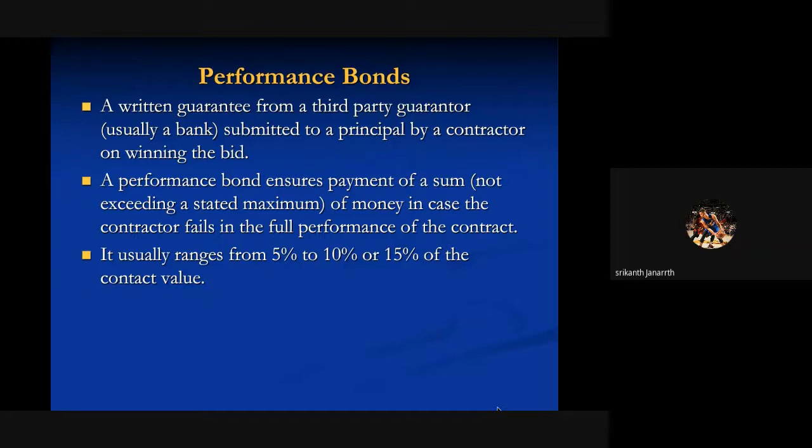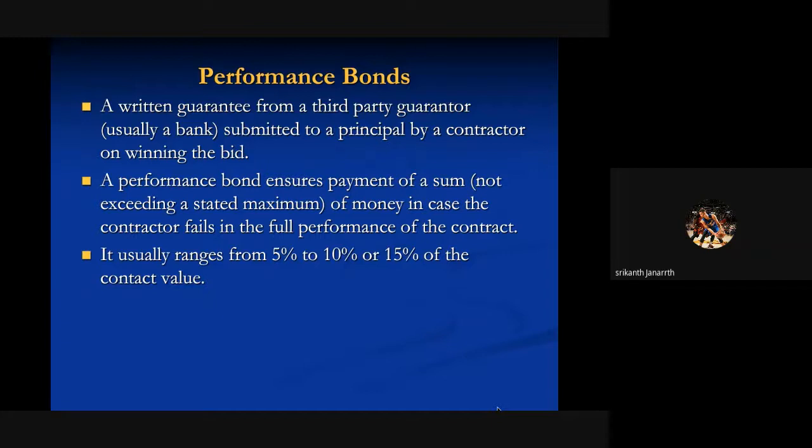In the event they don't do the proper job, or when they are delaying, they will threaten the contractor. We are going to claim it under the performance guarantee because you are delaying. Or they might say your job is not at the expected level. We are going to claim it. So the contractor will immediately attend to it. He knows if they don't do it, there will be a claim.